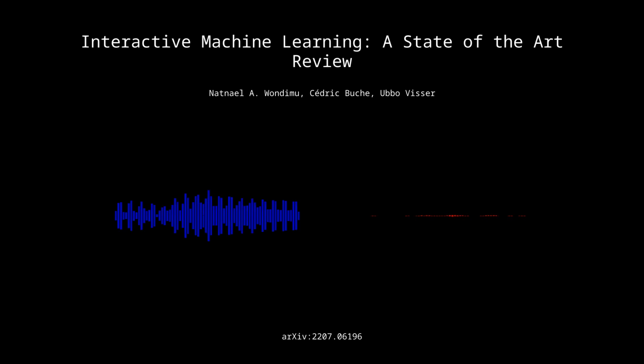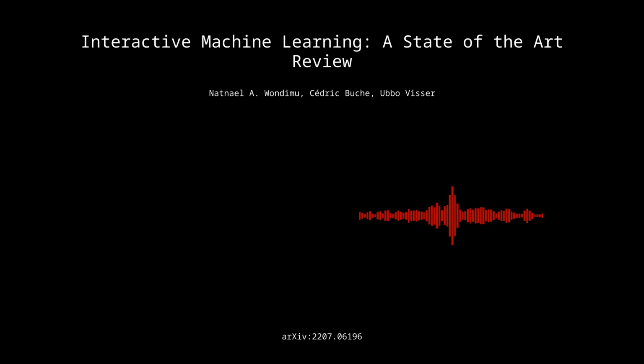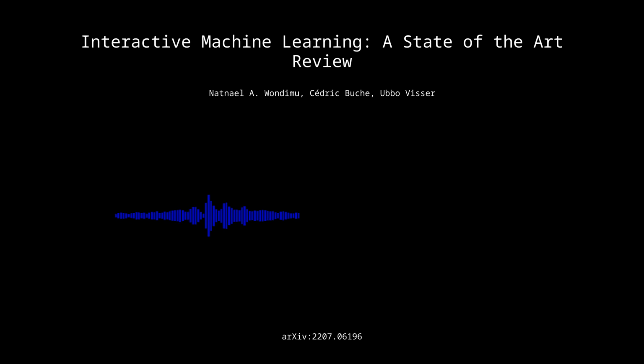Exactly. That's really cool. And the paper even delves into the use of IML in creative fields like music and games. They mention SketchRun, which helps users draw by understanding and predicting their strokes. So instead of just being a passive tool, SketchRun actually learns from the user's drawing style and becomes more personalized over time. That's right. And there's also the Wekinator, which enables real-time musical interaction powered by machine learning.